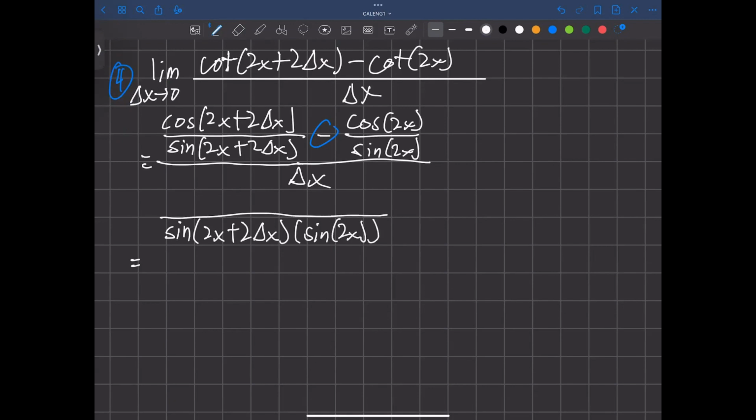That will be the denominator, and we divide our denominator by the first term and multiply it to the numerator, and do the same for the second term, which would give us sine 2x multiplied by cos 2x plus 2 delta x, minus cos 2x multiplied by sine 2x plus 2 delta x.